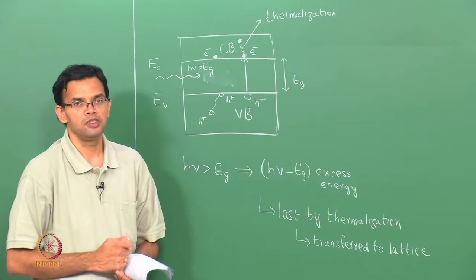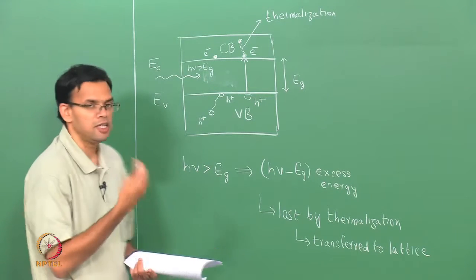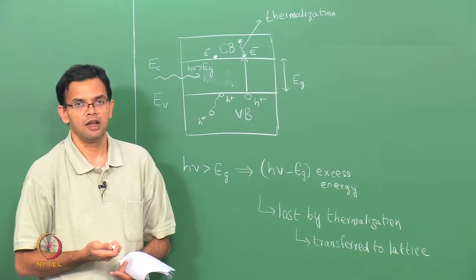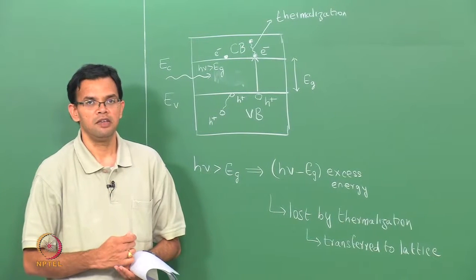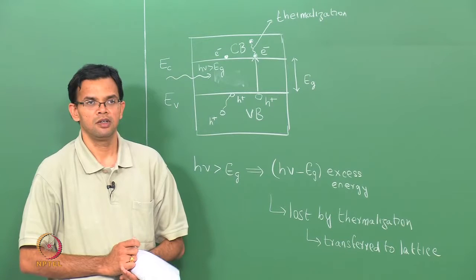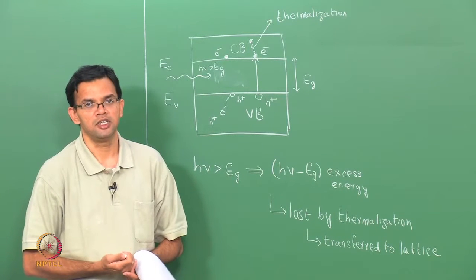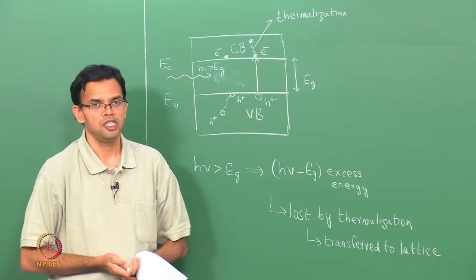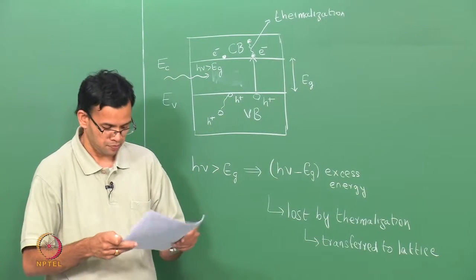Usually when h mu is just equal to Eg, you have the electron at the edge of both bands, but the density of states at the edge is 0. But we saw earlier that even if you are kT above Eg, and kT at room temperature is just 25 milli electron volts, you have a large density of states. So, even for energies slightly above Eg and very close to it, you will still have optical absorption.